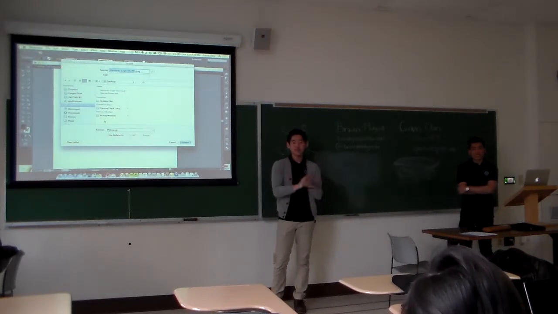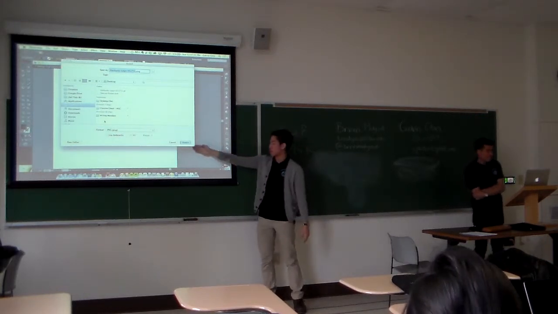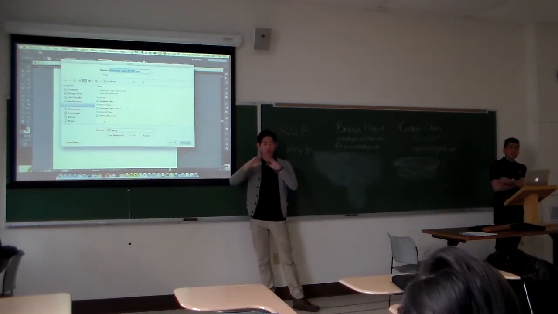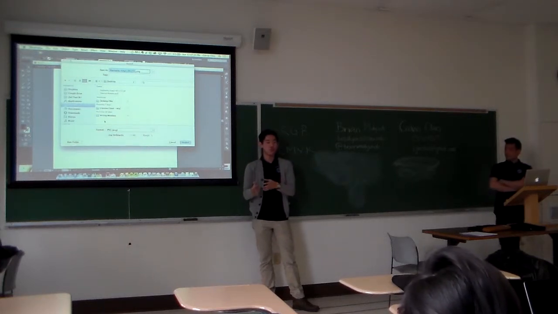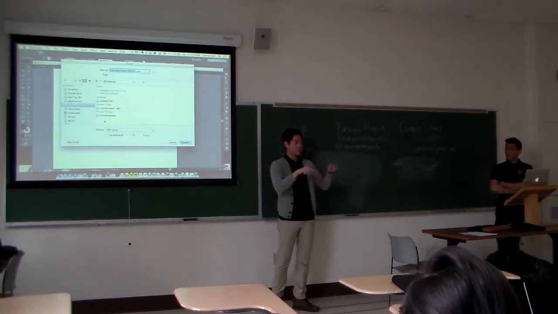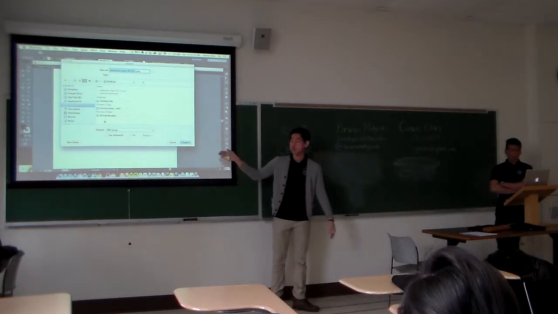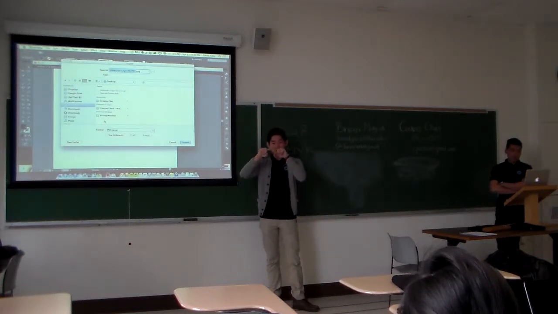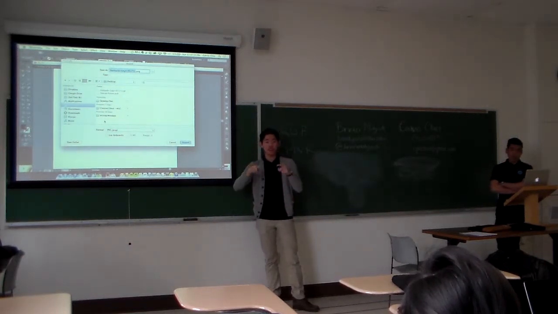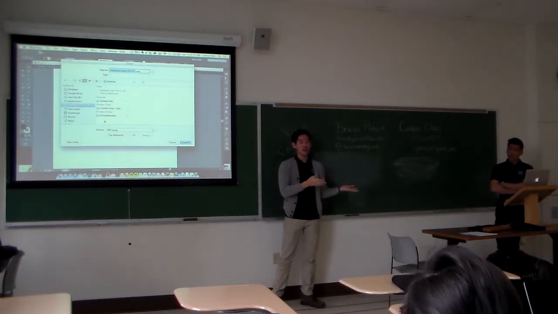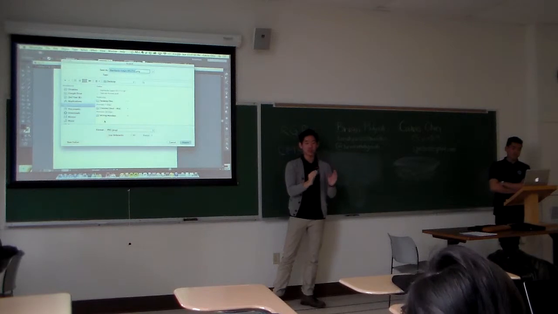Exactly. When you save this as a JPEG, you have a white background. If you save it as PNG, it will be transparent, it will be just the M. It's really useful if you put it in anything, because you don't want the background to be there. You want just the logo itself.